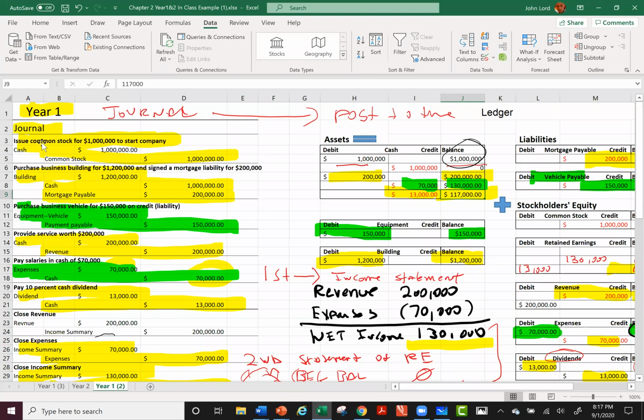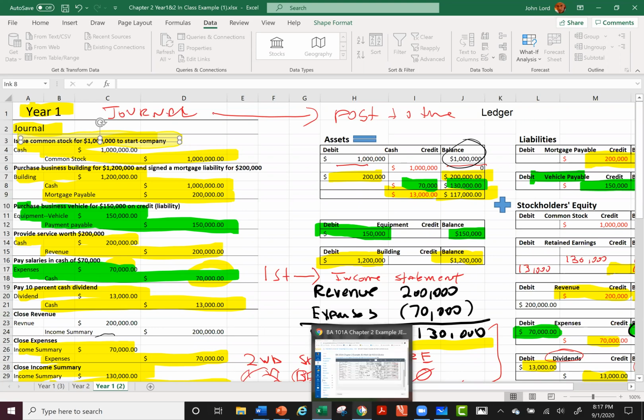I need you to read a transaction and know how it's going to be entered into the journal. And I need you to understand how it's going to impact the ledger accounts and the financial statements. But I'm not interested in your ability to take a debit over here and stick it over there. We're not going to spend any time with that in any of the material I'm going to test you on. But I want to show you the way general ledger software would work.